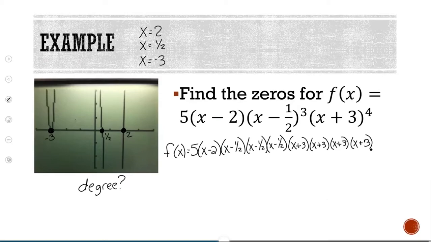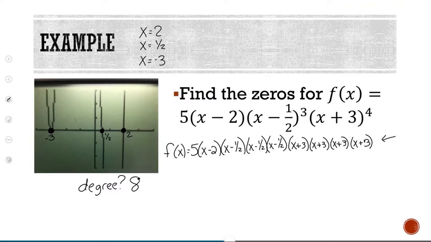Now, help me with the degree. I told you for the degree that the easiest thing to do was for you to count the x's, right? So how many x's do we have once I've sort of expanded this thing out? 8. Okay, so the degree is 8. Now, let me think how I could have gotten that if I didn't want to write it out like that.